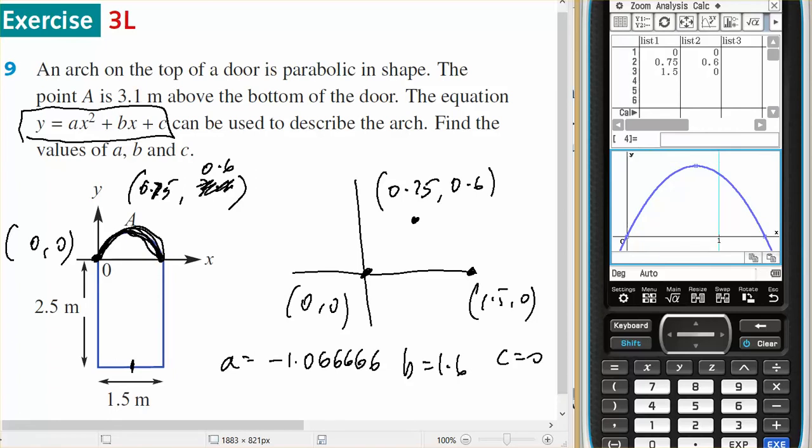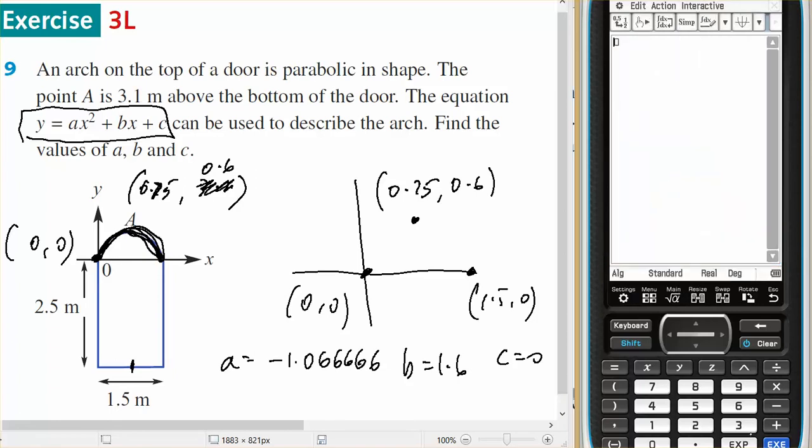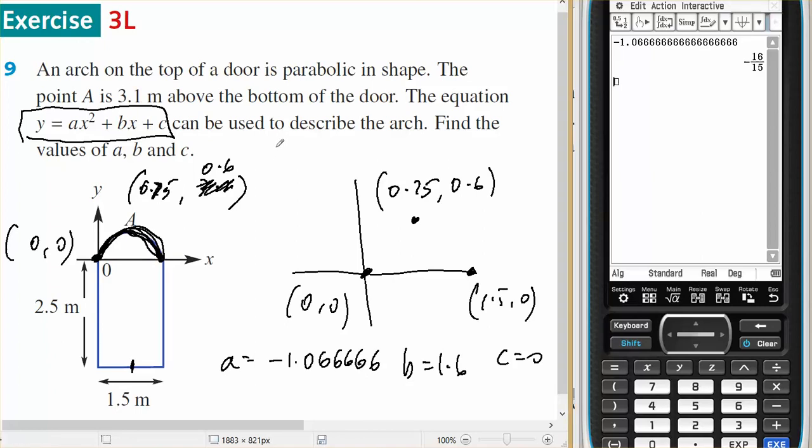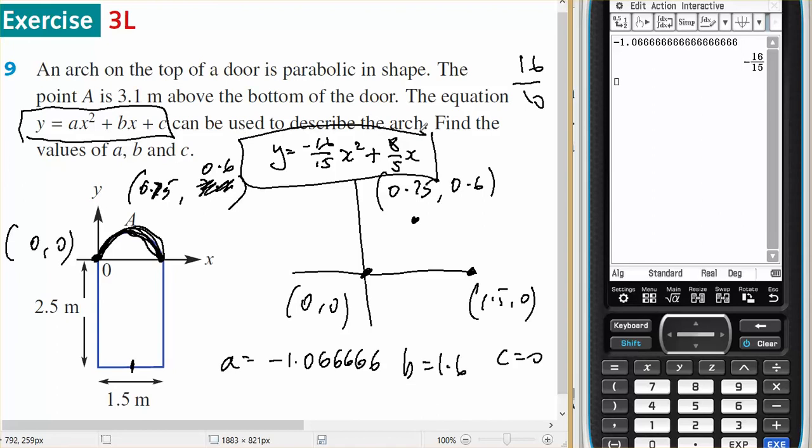So if I was to go to Main and put in negative 1.0 and do enough of them, it's negative 16 on 15. So y equals negative 16 on 15 x squared plus 16 on 10, which is 8 on 5, x plus nothing. So that's going to be my rule.